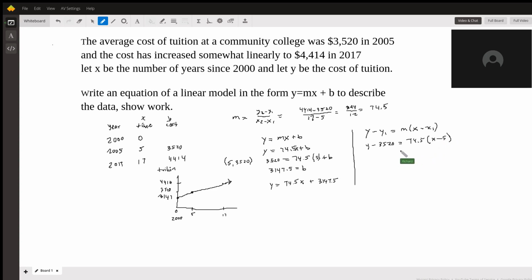So a lot of people prefer this because you have the equation y minus 3520 equals 74.5 times x minus 5. Now they want it in slope-intercept form, so we have to do another step here. You might prefer the one on the left.